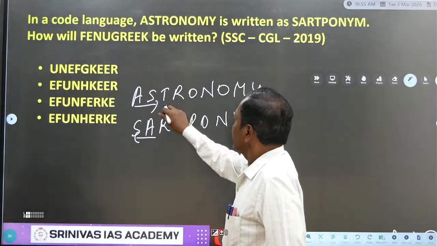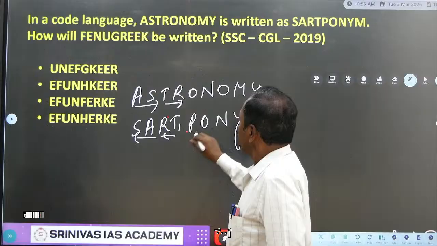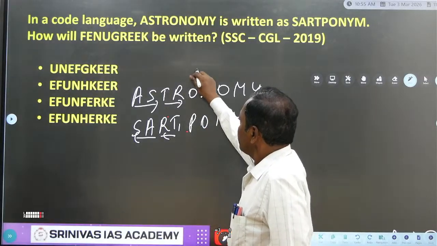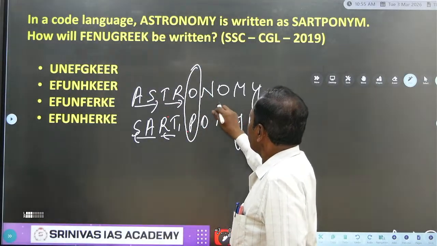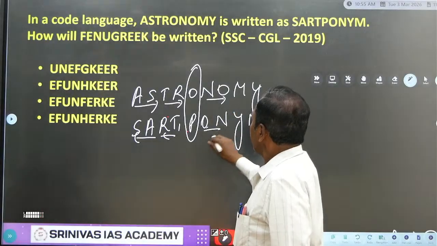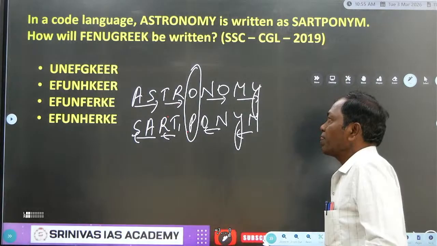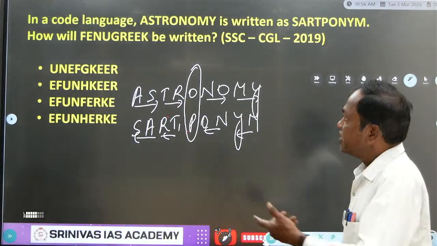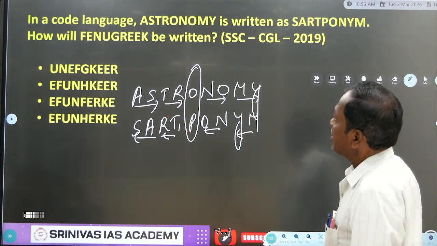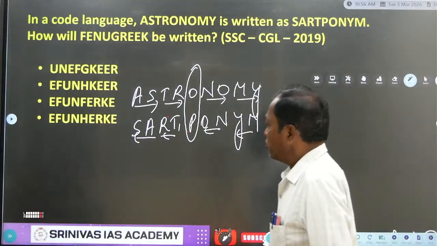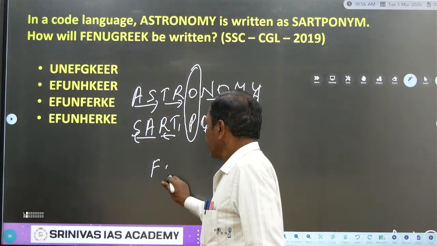The first 2 letters, RT, you can see the RT. You can keep this as it is. 2 letters are taken, the middle letter is retained the same. Okay. Fenugreek. How do you write fenugreek?